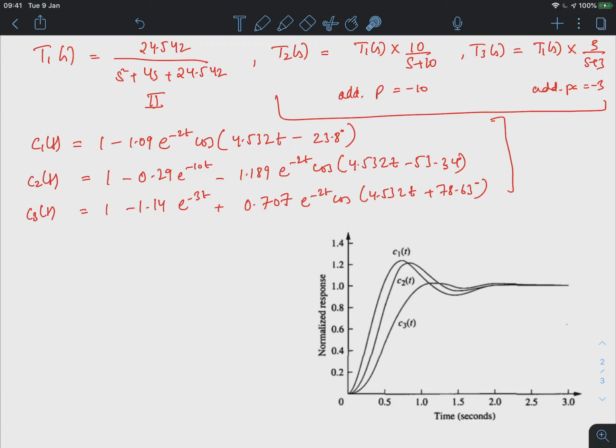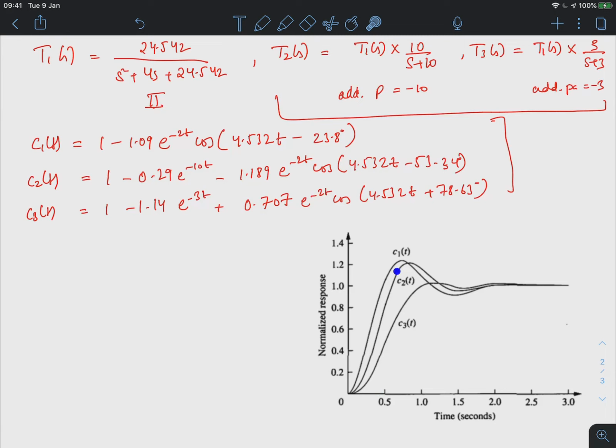So it is expected that the response we would obtain for C2 would be much closer to that of C1, and the response of the system C3 cannot be closely approximated with the response of C1, and this is what has been shown in the graph.